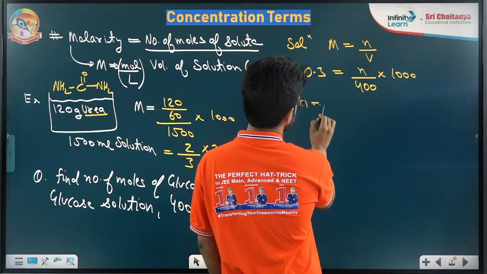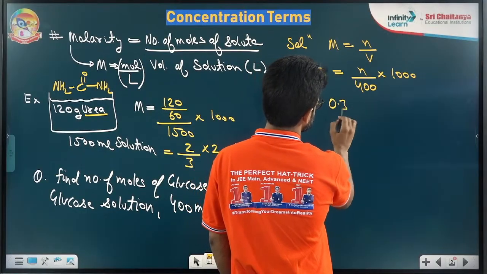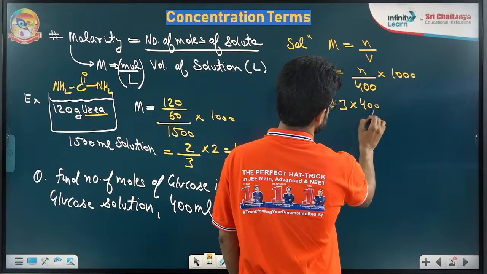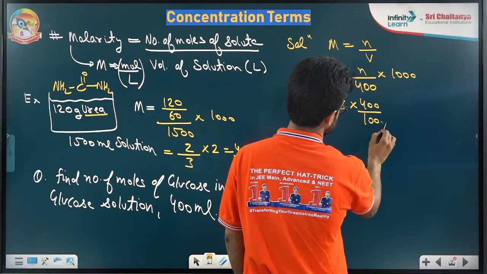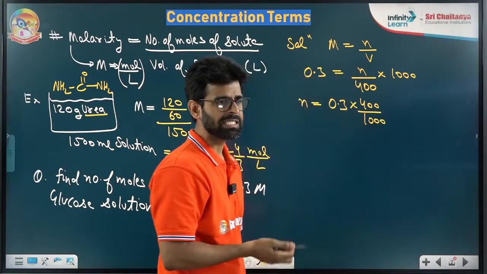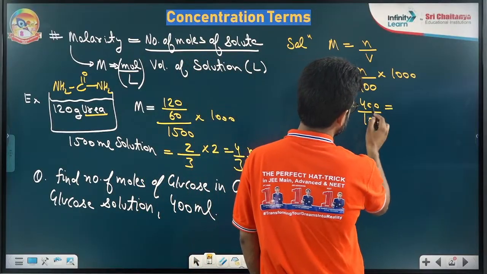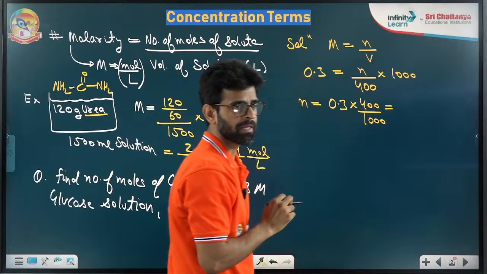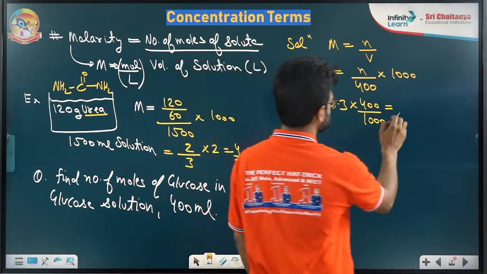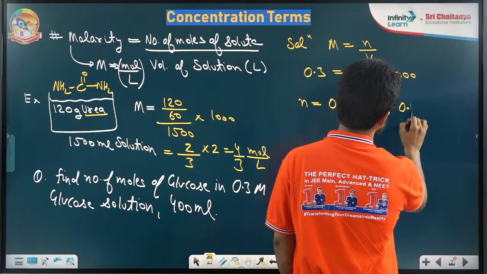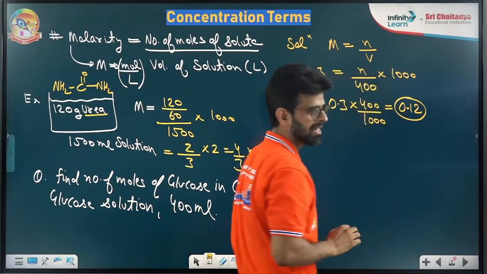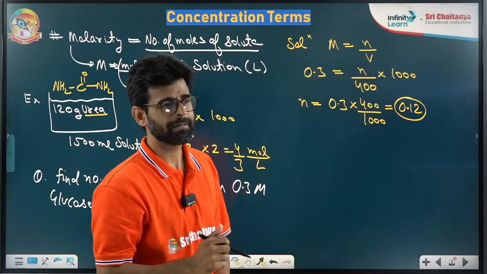Number of moles of glucose is 0.3 into 400 divided by 1000. If you solve this, 0.4 into 0.3, so I can say 0.12 moles.